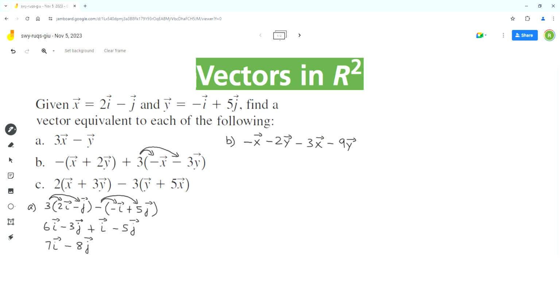Now we can combine the x and y terms. Now we can do the substitution for vectors x and y. Now we can distribute the negative 4 and negative 11 into the parentheses.